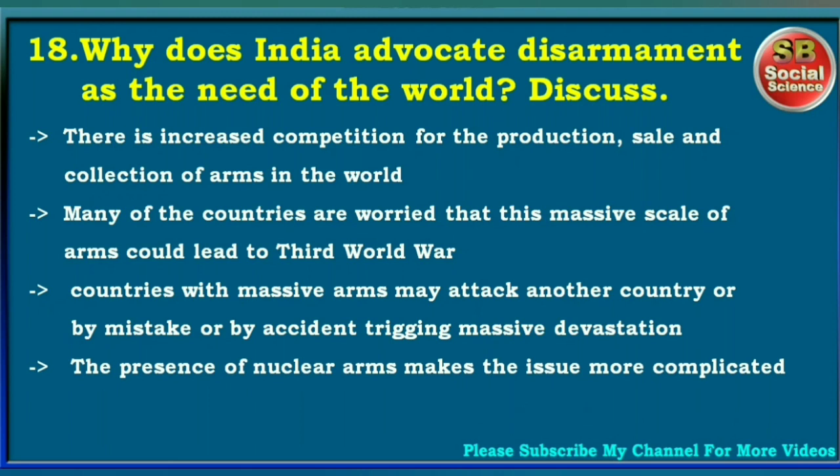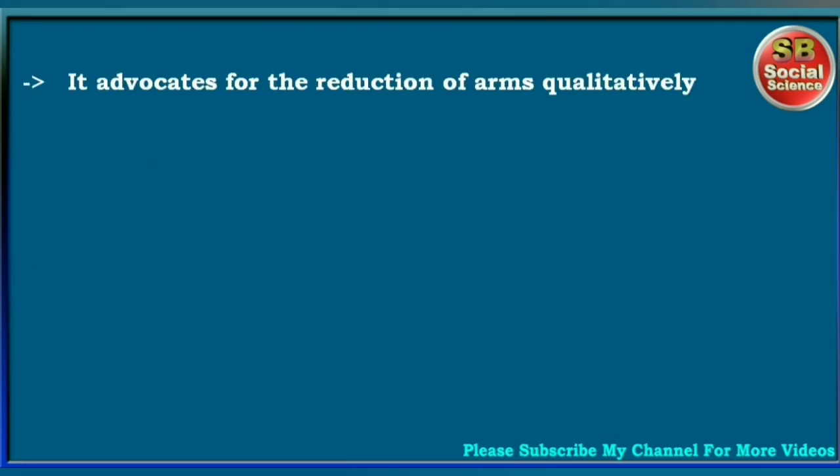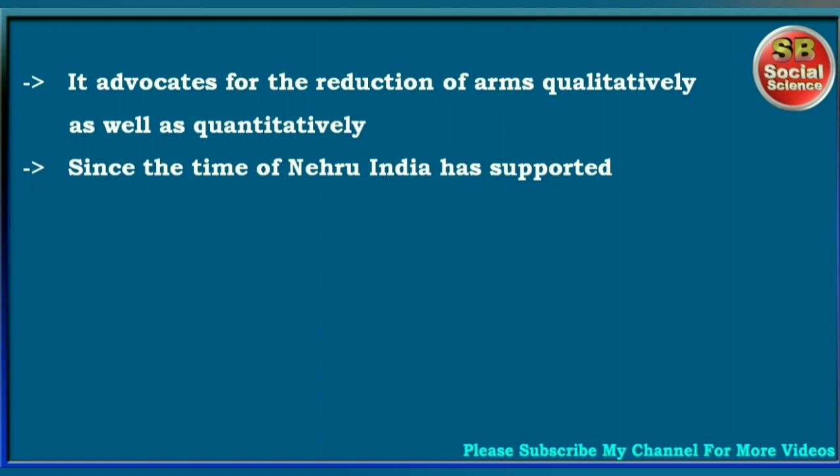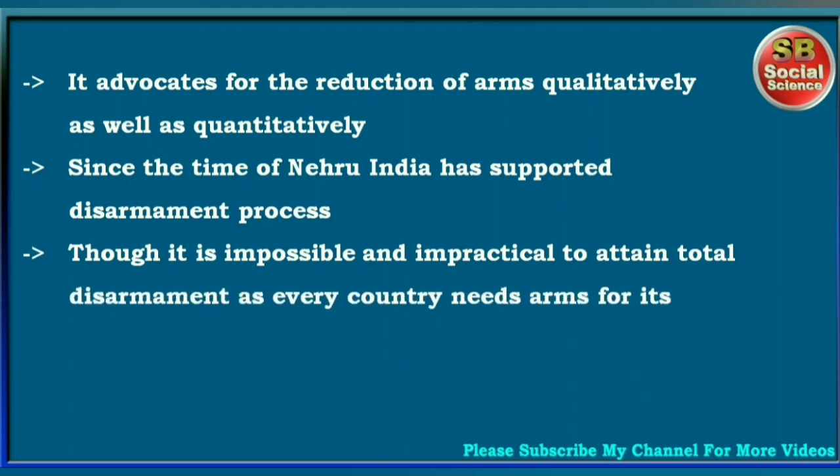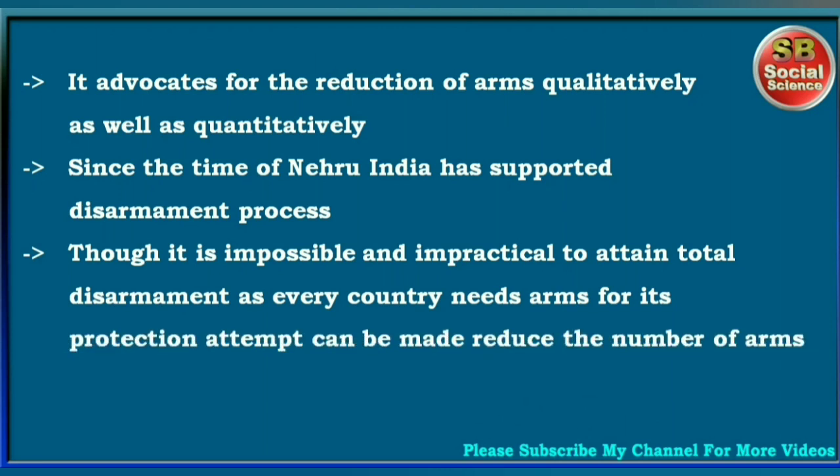The presence of nuclear arms makes the issue more complicated. So India, being a peace-loving country, advocates the reduction of arms qualitatively as well as quantitatively. Since the time of Nehru, India has supported this disarmament process, though it is impossible and impractical to attain total disarmament, as every country needs arms for its protection. Attempts can be made to reduce the number of arms.